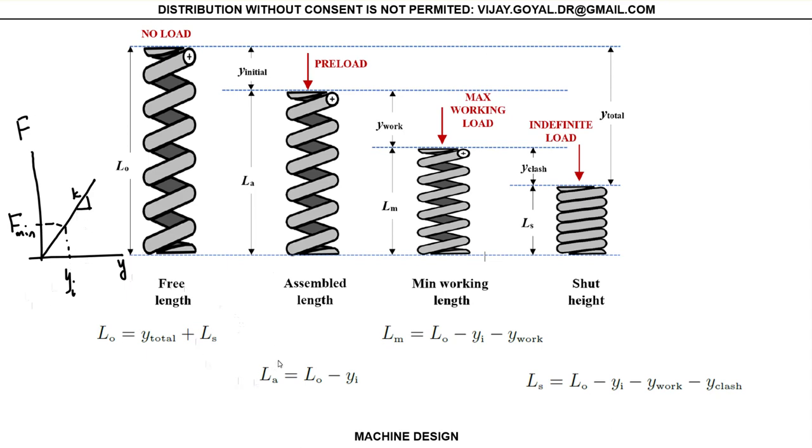And then your assembly length can be found by any of these equations, and by this equation it is L sub 0 minus the initial. Your minimum working length would be the L work, the free length minus LA, minus this, or initial minus work.